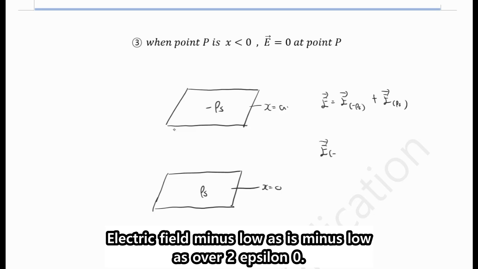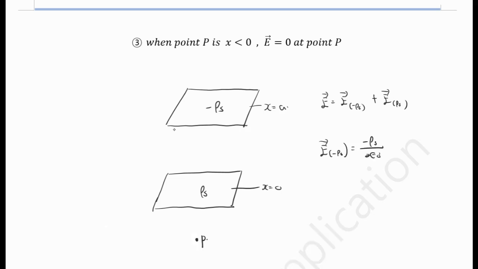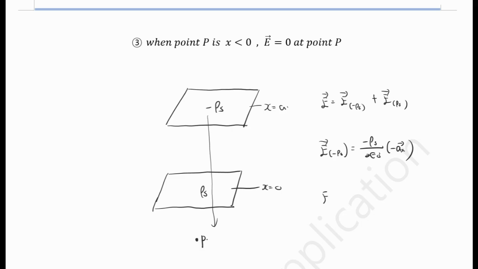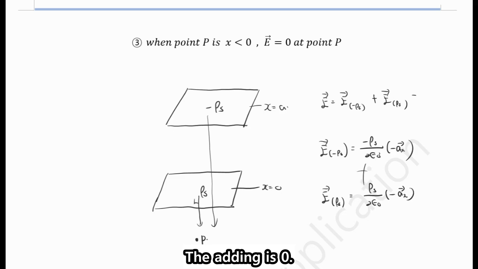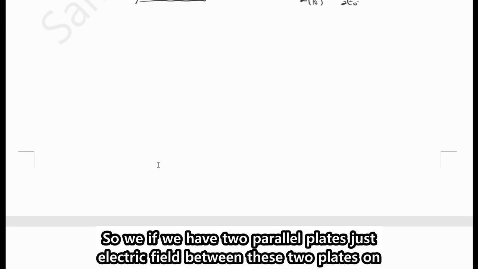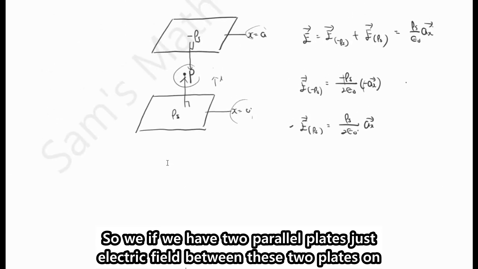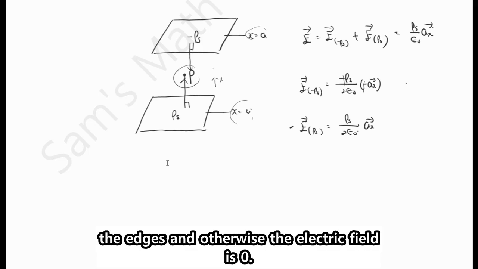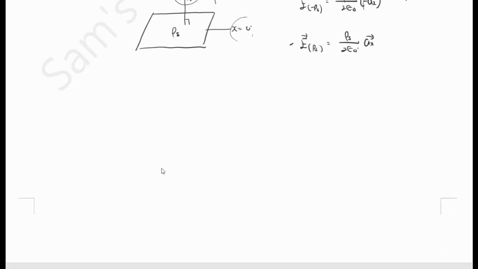Electric field by minus rho s is minus rho s over 2 epsilon 0, the direction is minus ax. Electric field by rho s is rho s over 2 epsilon 0, the direction is minus ax. The adding is 0. So if we have two parallel plates, the electric field only exists between these two plates, and otherwise the electric field is 0.